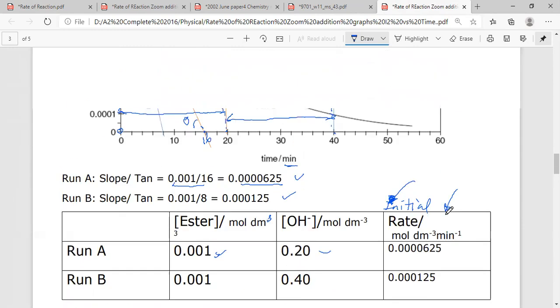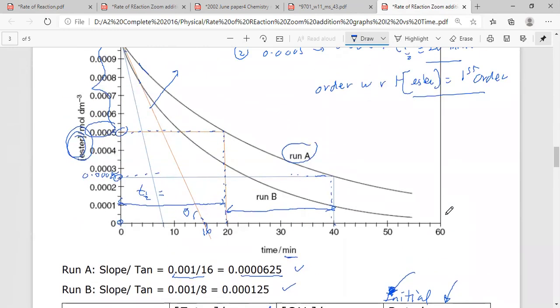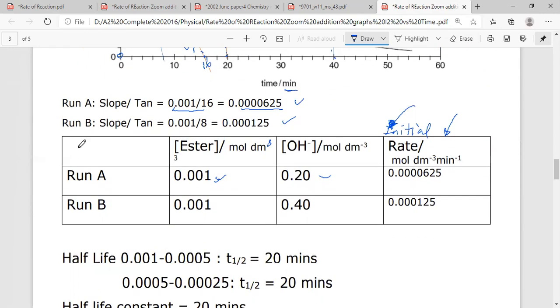Now, from the graph, I know the order with respect to ester is first order. From the two graphs, I can put it into this table here and compare. When this is held constant, no change, and here I times by 2, when I increase this by 2, what happened to here? Also increased by 2, is it?